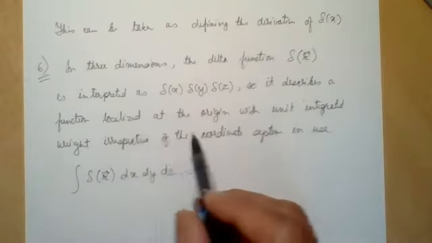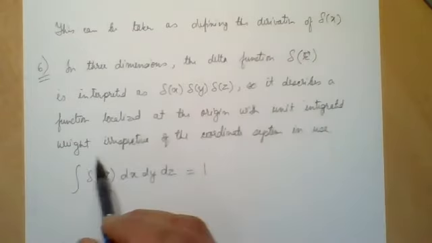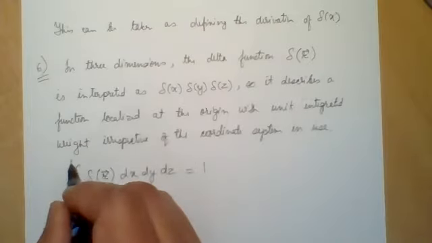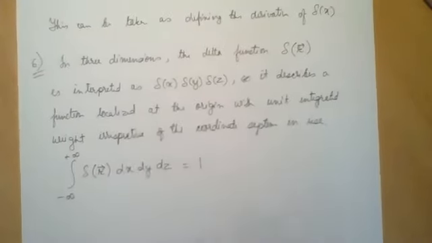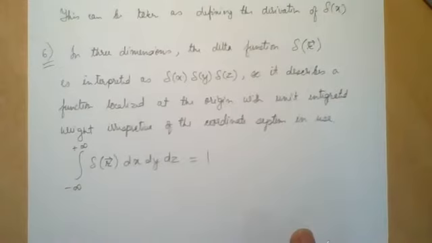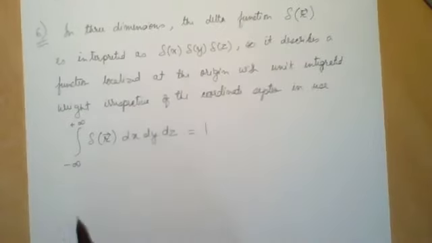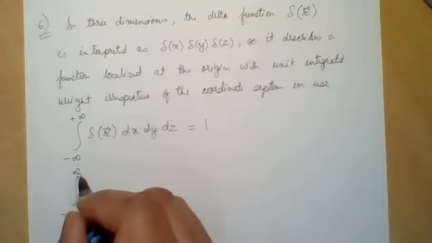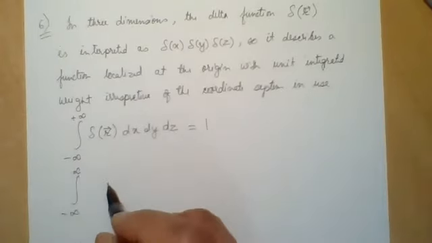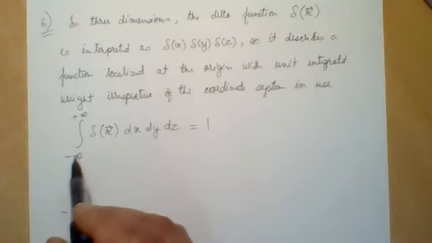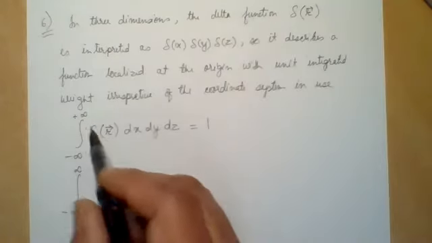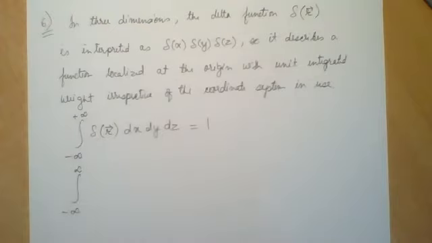This is the function localized at the origin with unit integrated weight irrespective of the coordinate system in use, from -infinity to +infinity. Or if you want to write it in terms of this -infinity to +infinity, this is for x from -infinity to +infinity, y from -infinity to +infinity, z from -infinity to +infinity.